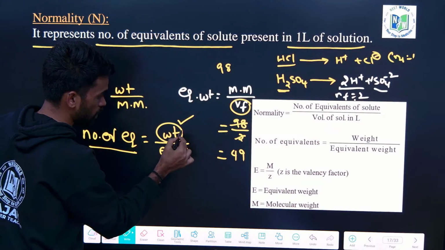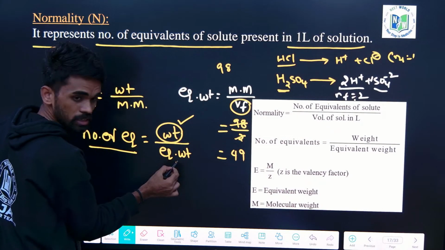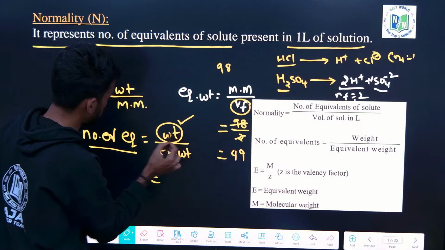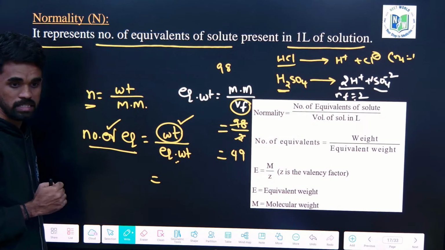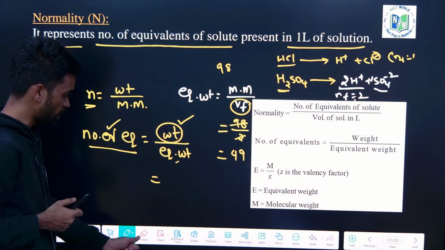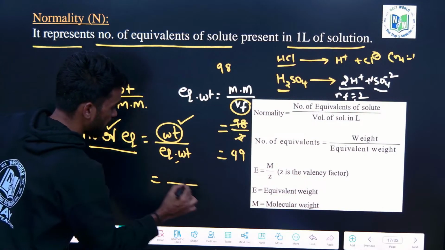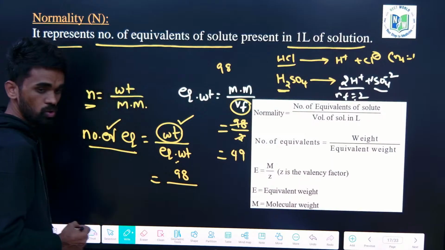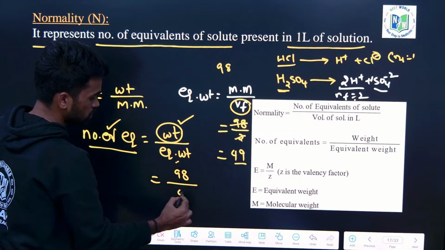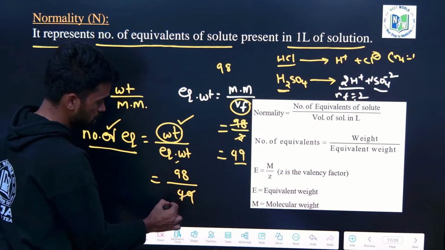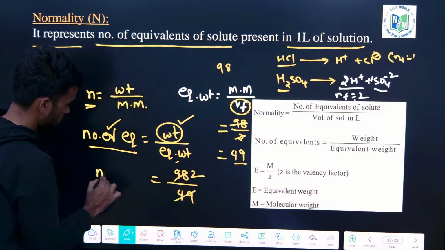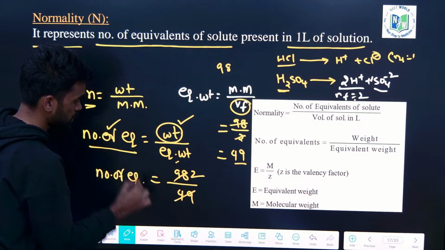If they give some weight, divide weight by equivalent weight, so that you will get the number of equivalents in that substance. If I give you weight as 98 grams, what is its equivalent weight? 49. Number of equivalents is how much?